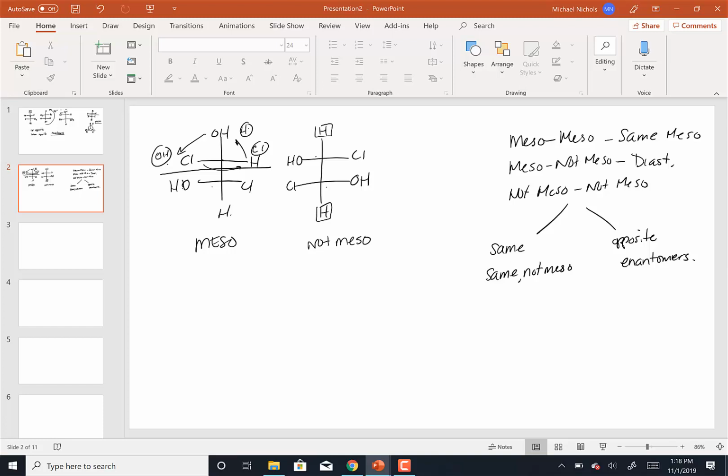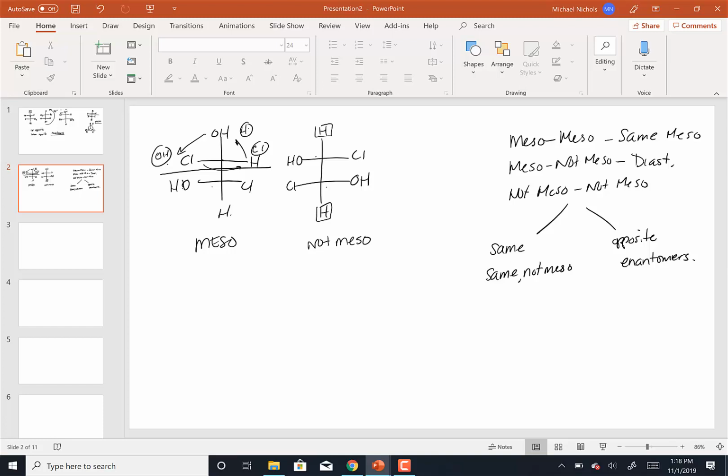If I'm speedier at determining whether these are opposite or same, then it's speedier to do that than it is to do R and S, and it might be more accurate. Everybody has a system. But the R and S system may not always work when molecules are meso or not meso.